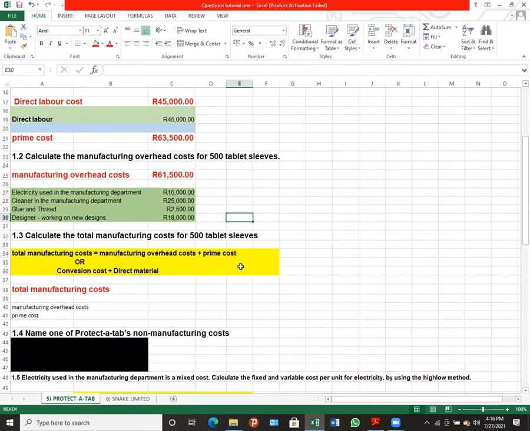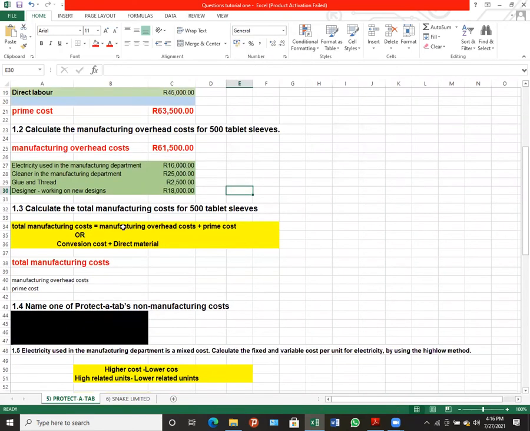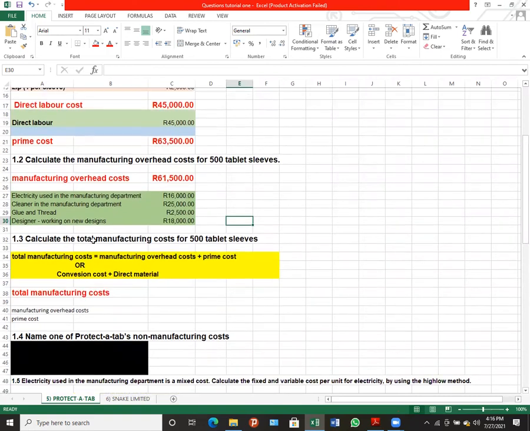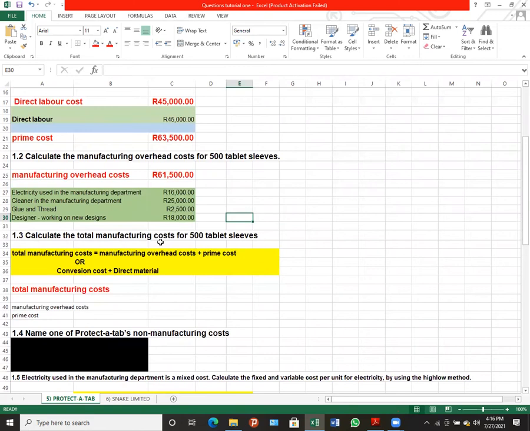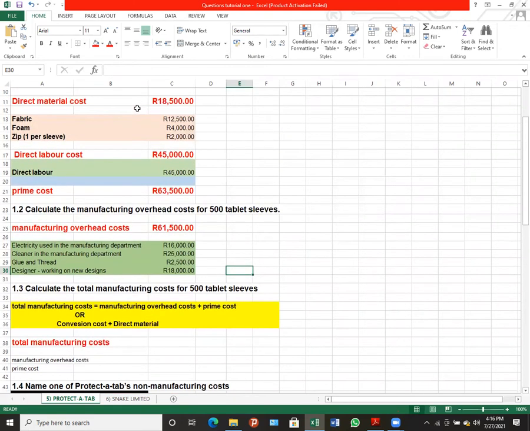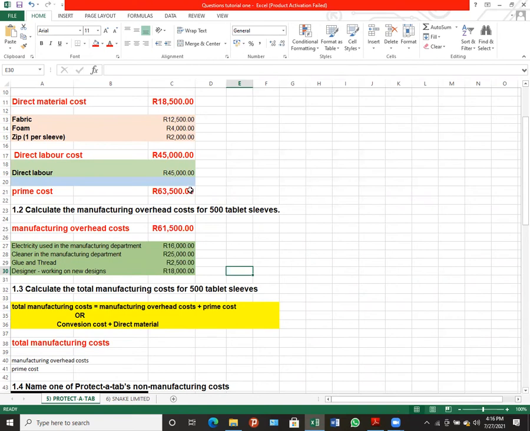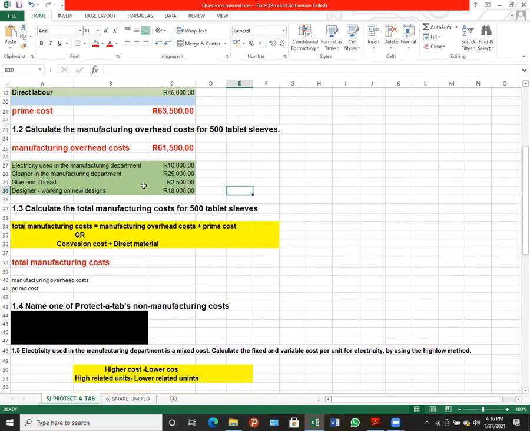Okay, guys, here we are required to calculate the total manufacturing cost. Remember, we have already calculated our prime cost and manufacturing overhead. There's a difference between manufacturing overhead cost and total manufacturing cost. Please, guys, be careful.